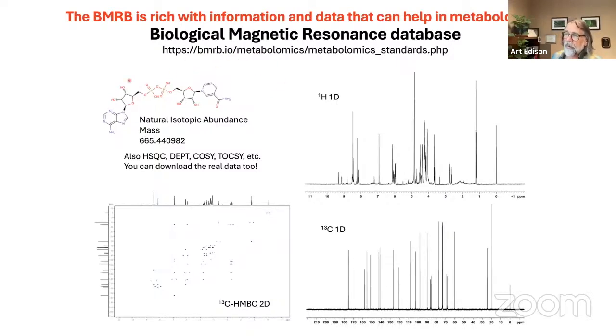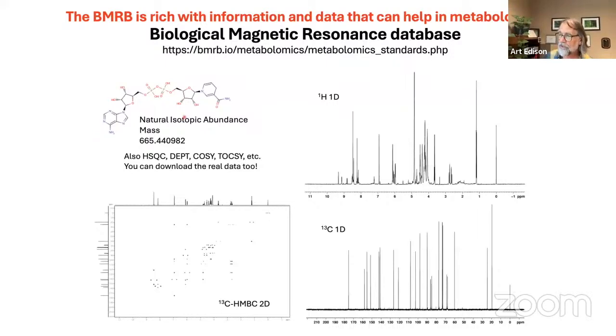BMRB has a lot of experimental data for proteins and other macromolecules, but it also has actual NMR recorded data for thousands of small molecule metabolites, and these are extremely useful for NMR metabolomics studies.